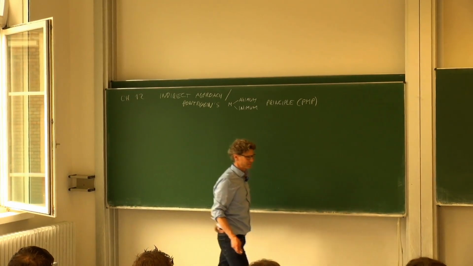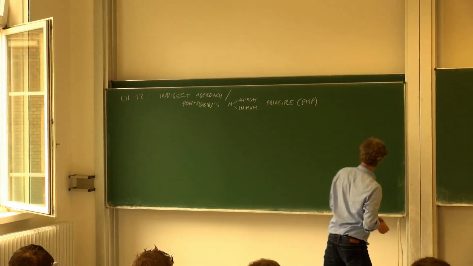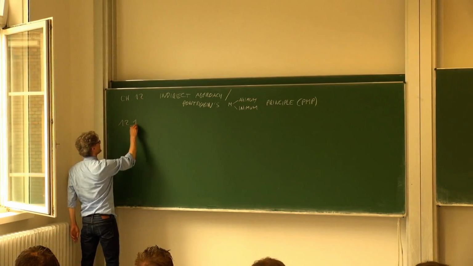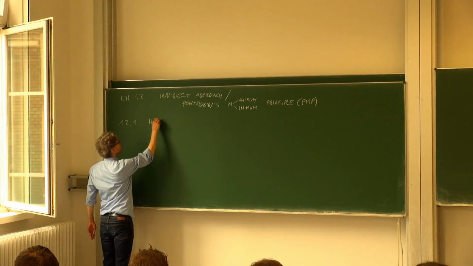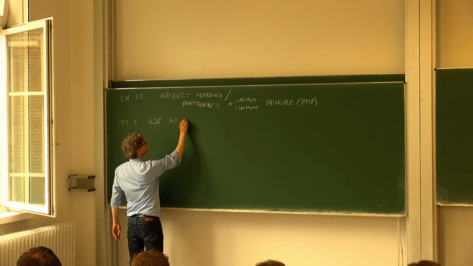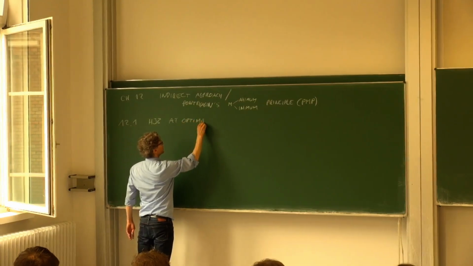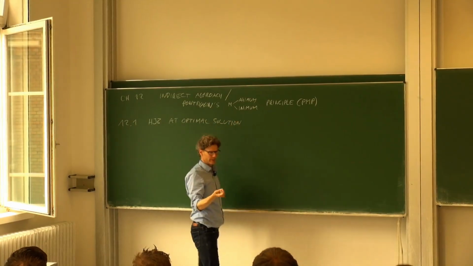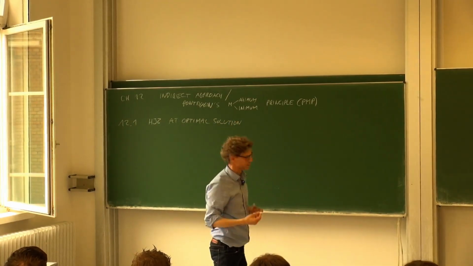So let me start by deriving it, and as I promised already, I want to do it using the Hamilton-Jacobi-Bellman equation, and I want to look at it at optimal solutions. So let me recall a few things that we know from the Hamilton-Jacobi-Bellman equation.